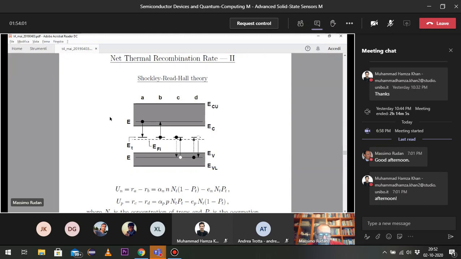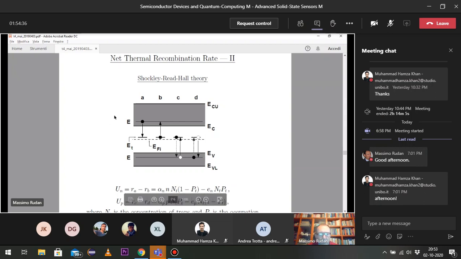So you see in the figure, we already commented a little bit. We assume that there is only one type of traps, and that all traps have the same energy that we call ET. These traps also have a concentration in space, and this concentration, in the equation below, is called capital NT. So NT is the concentration of the traps, okay?